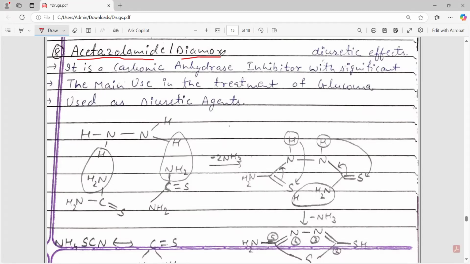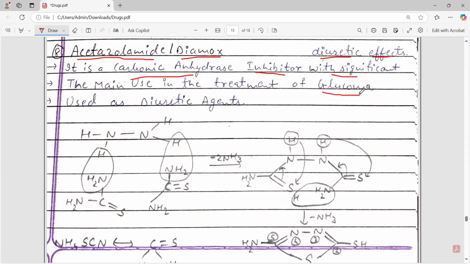So first of all, we will discuss the mode of action and the usefulness of this particular drug. It falls under the cardiovascular drugs. It is a carbonic anhydrase inhibitor with significant diuretic effects. The main use is in the treatment of glaucoma.